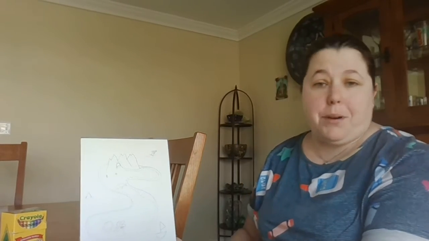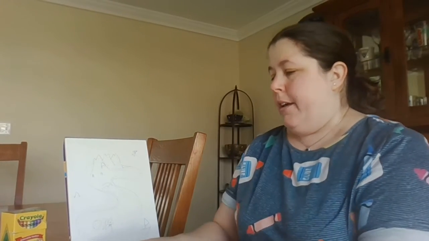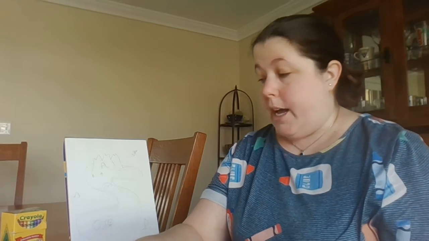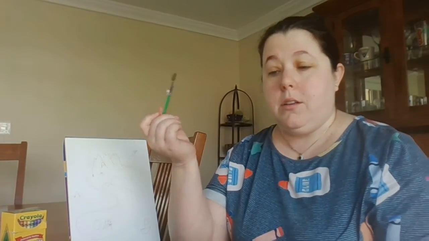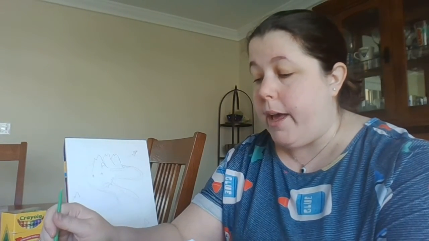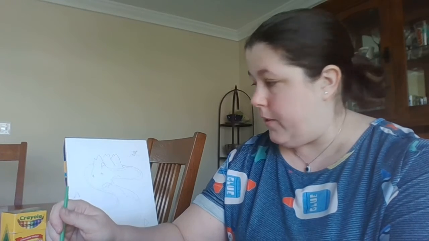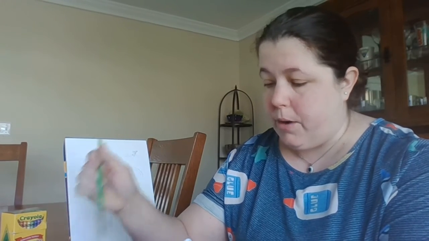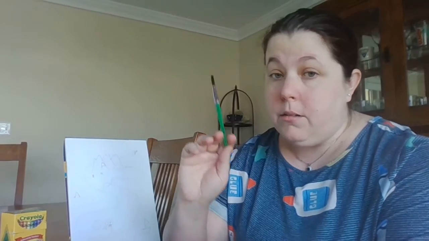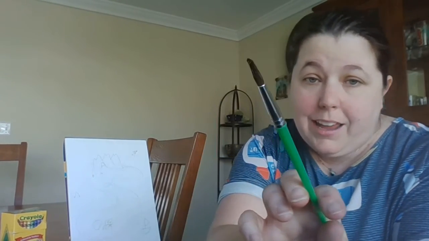So now comes the fun part where you get to paint it. All right, when we use our watercolors, we want to get the brush a little bit wet. I think I'll do the sand first. So maybe we'll do some light brown. Some of my brush is still dry.